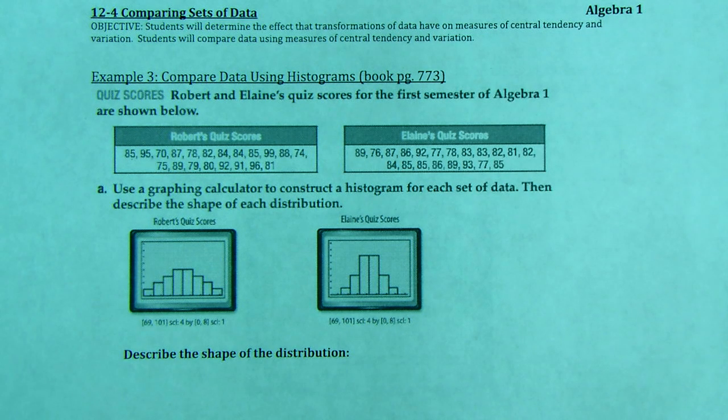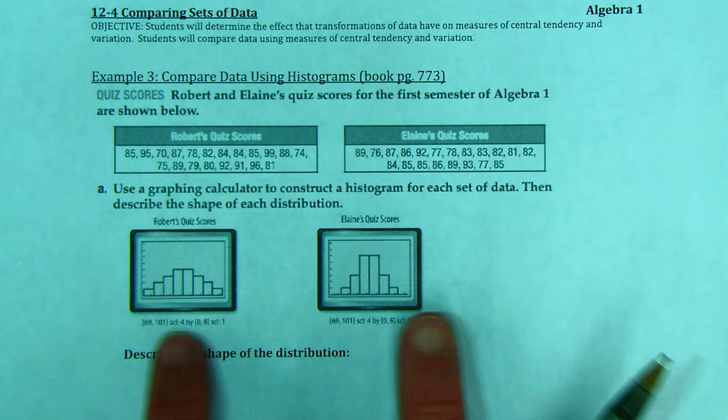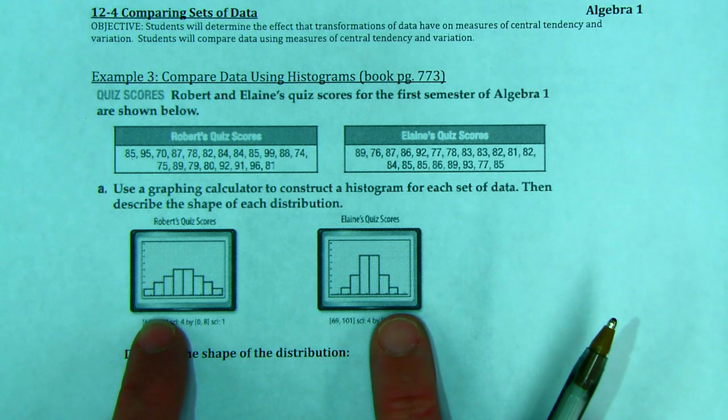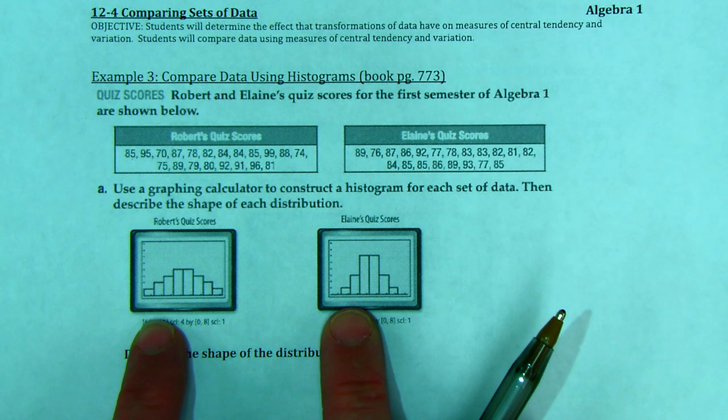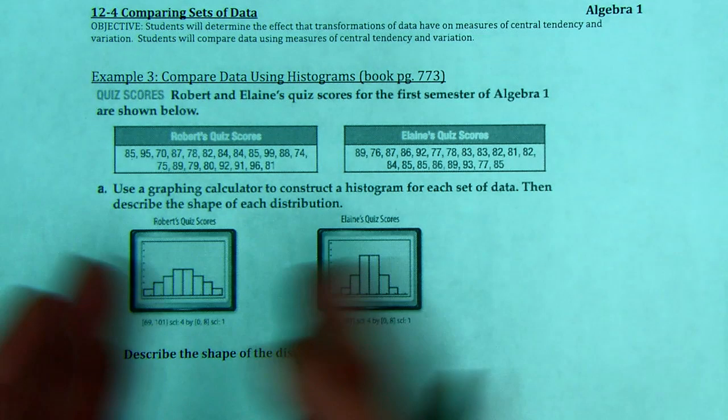So you can see they already did that for you, and you'll see that they're both symmetric. So if they're both symmetric, very much so, we are going to describe the shape. So first of all, I'm going to describe both of their shape.